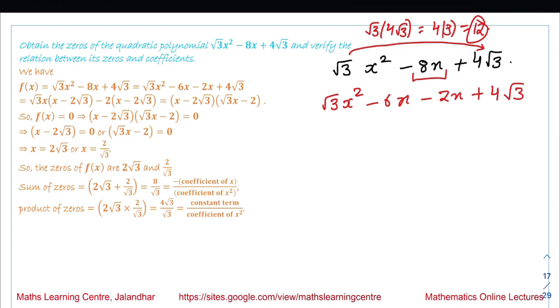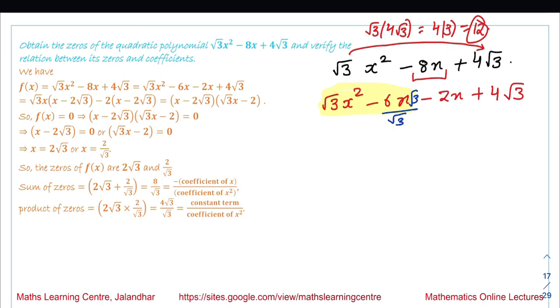Now what we have to do is suppose I am taking square root 3 common from the first two terms. It means I am going to write root 3 over root 3 over here.